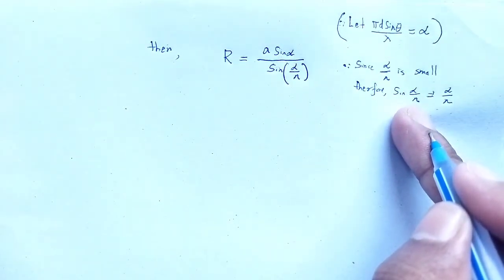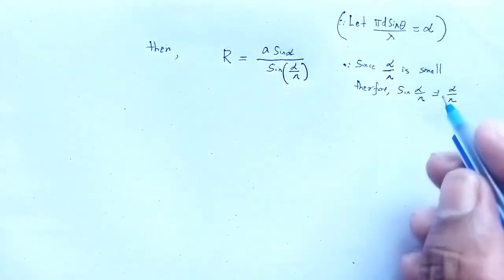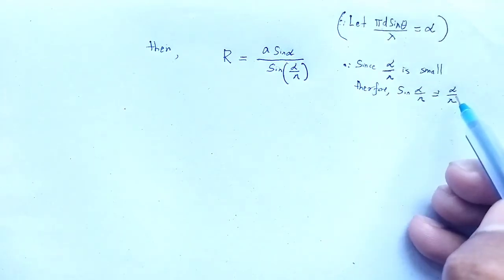If we calculate sin of 1 degree, sin of 1.5 degree, it is almost the same value. So sin of a small angle gives rise to that angle.